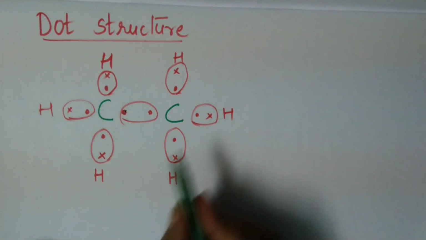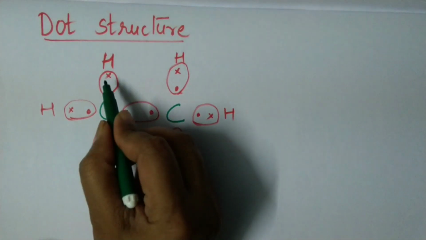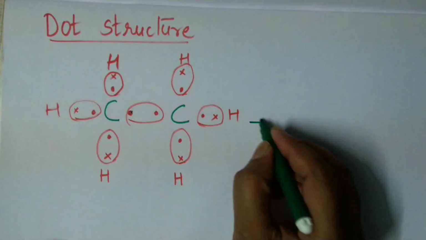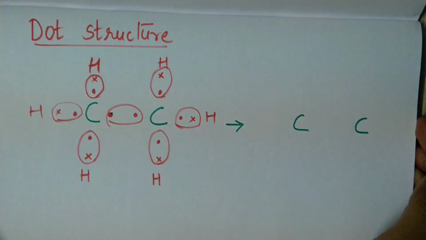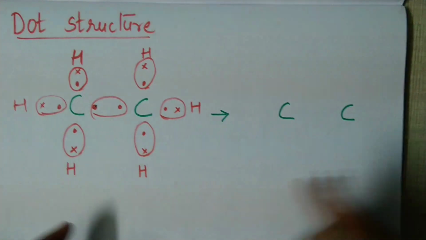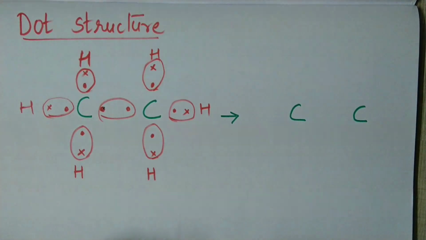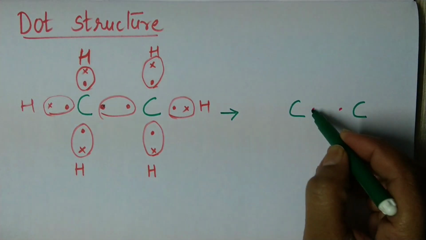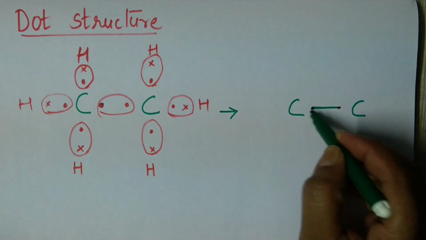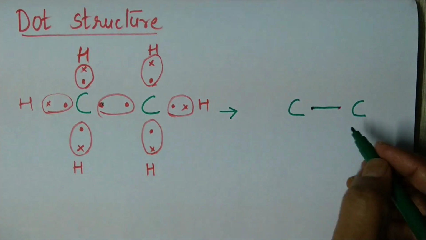Now, how do I convert it into dash structure? You need to just join the points. So, dash structure of this will be, so 2 carbon atoms I am writing. So, these 2 red dots, I am going to join them. Put a dash. The end of these dash shows what? Electrons.